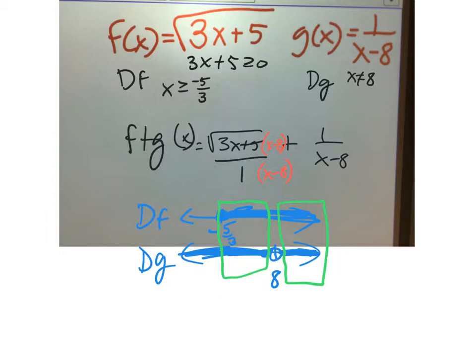Like, for instance, how to find domains for single functions, how to do common denominators, how to do intersect, and then how to write the answers in interval notation. Those are all things we've covered so far this year, and it's all happening in one problem here.